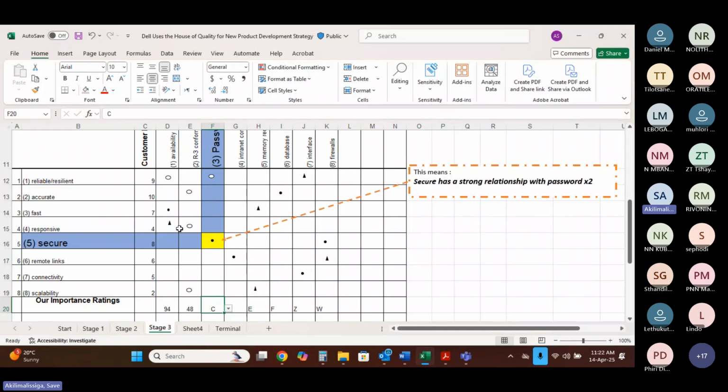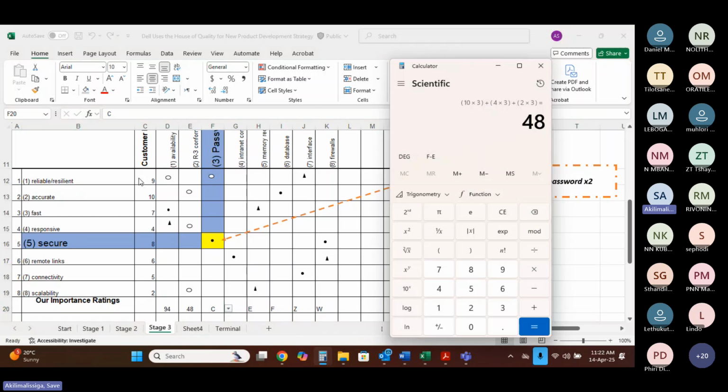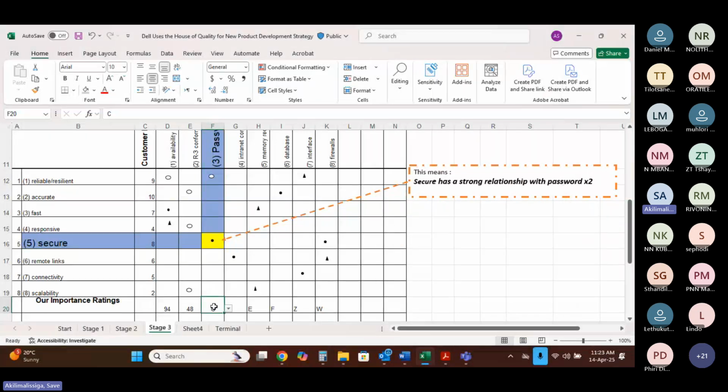Lastly, let's calculate C. We're still going to follow the same approach. Here we're going to have 9 times 3 plus 8 times 9, and that gives us 99.